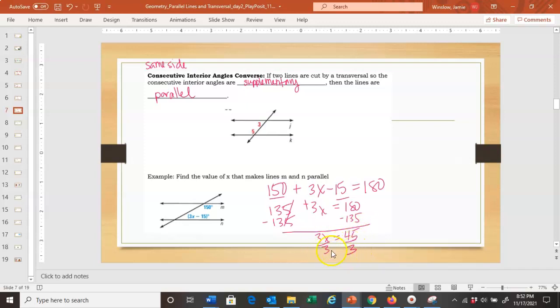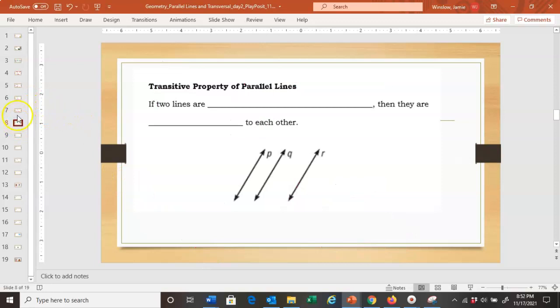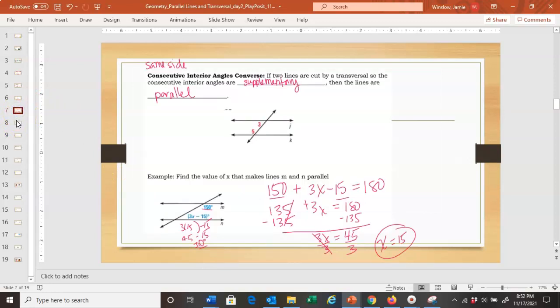Divide by 3. X equals 15. 3 times 15 minus 15. 45 minus 15 is 30. And sure enough, 150 plus 30 is 180. So those are supplementary. That was our last angle pair relationship converse theorem, if you will.